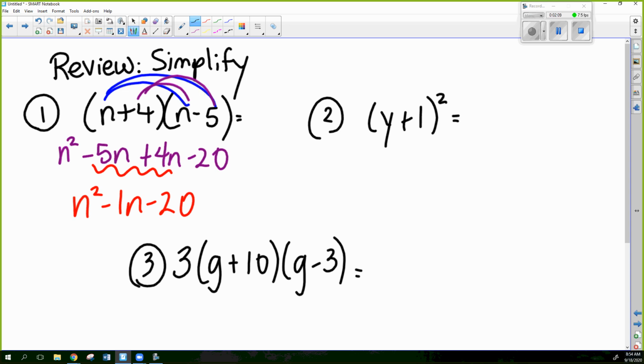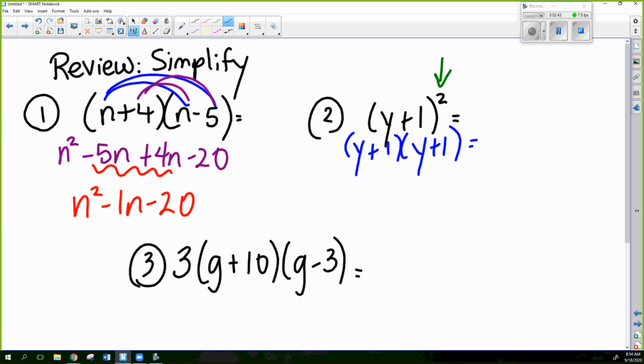So let's talk about them before I pause the video. What does it mean to square something like this? Because it has addition in it, or subtraction. What does it mean to square anything? Multiply it by itself. So guys, please don't try to take any shortcuts here. You need to write it twice and then FOIL it out.